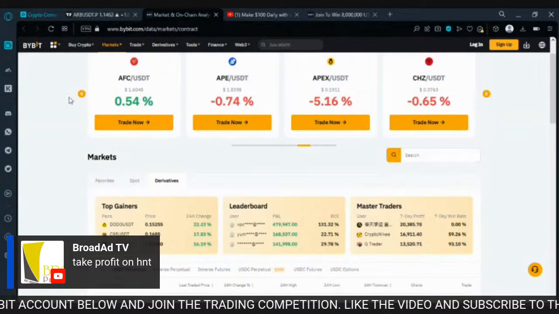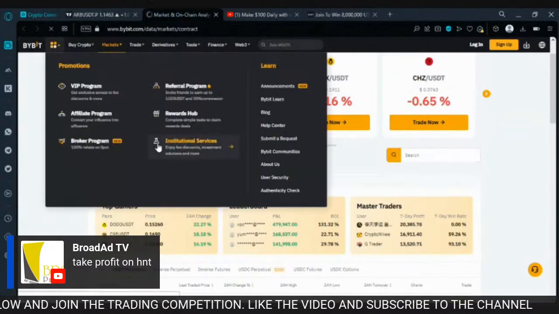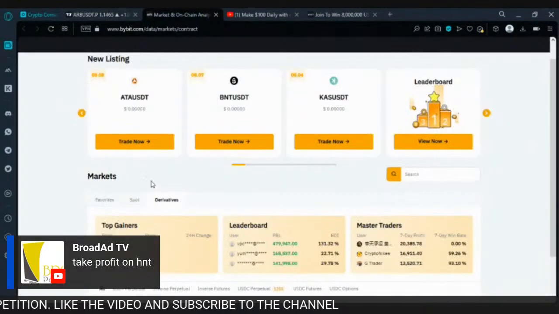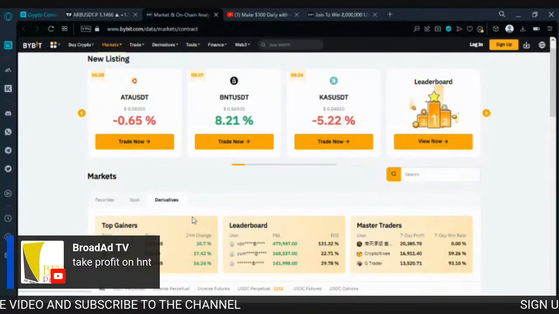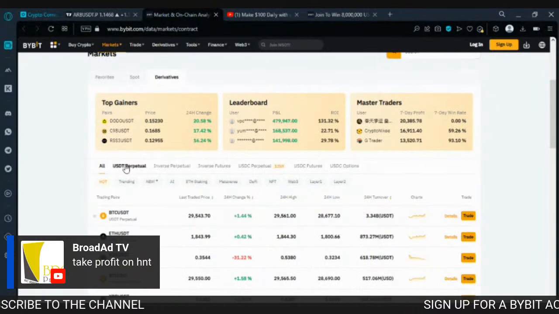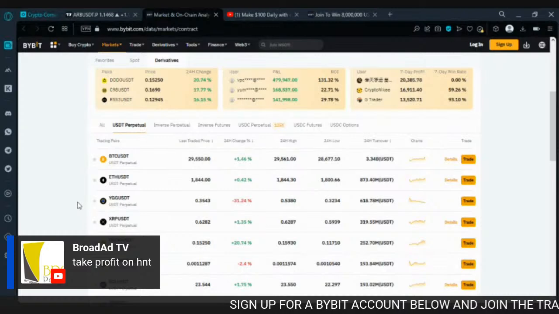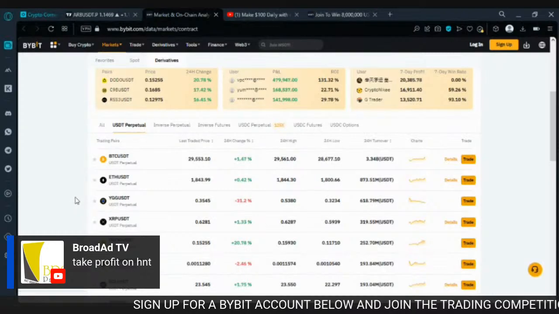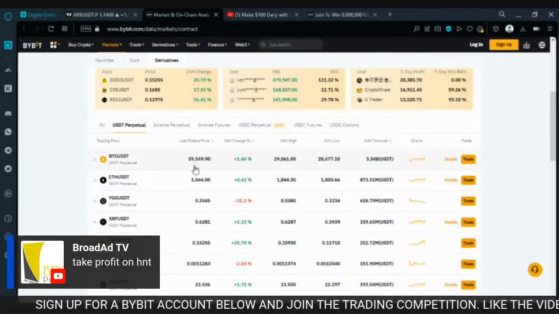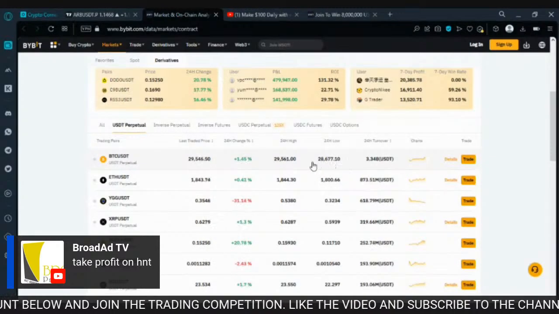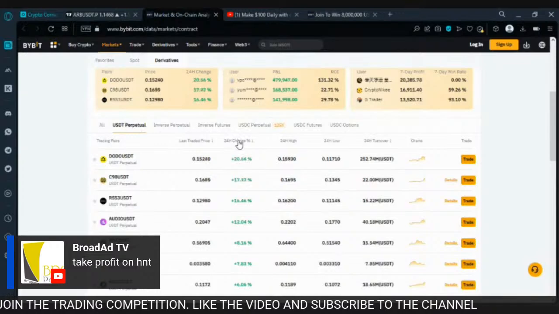So are we having new boys on the list? Let's refresh that page. Are we having new boys doing well? Let's go to the losers and see a token that we can actually trade on the losers list. BTC is almost there, BTC is at 29,500. Will it get to that level? Let's see.